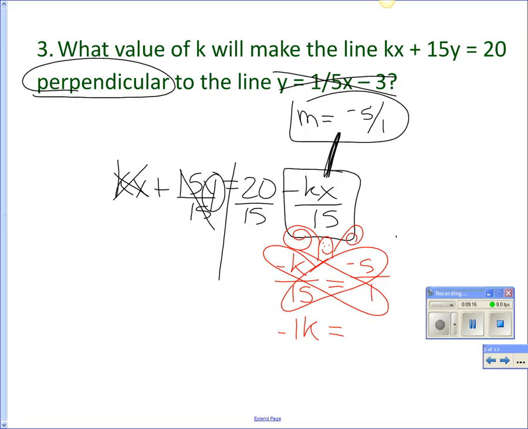Multiply. 15 times negative 5. We're cross multiplying. Negative 75. Louis, what would I have to do last right here? Divide. So k equals 75.